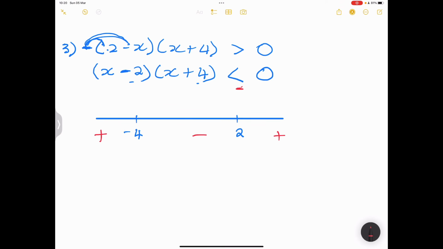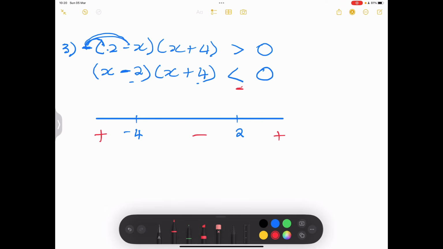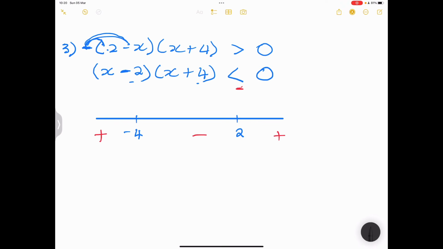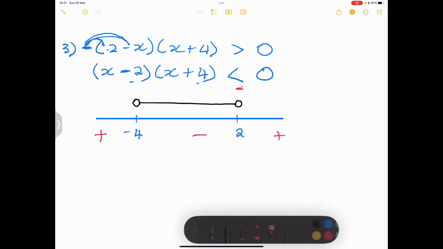In this case, we are not including the critical values, so we know this is going to be an open dot here. So it's between -4 and 2, however, it's an open dot there, and it's an open dot there. So what is our solution in this case?